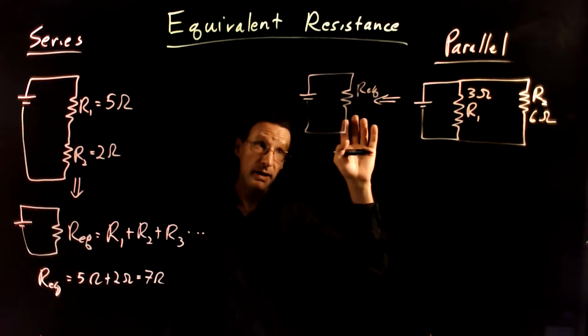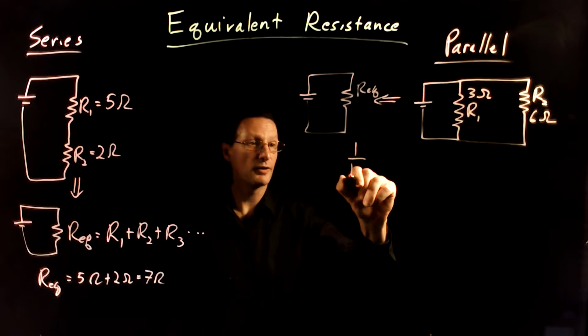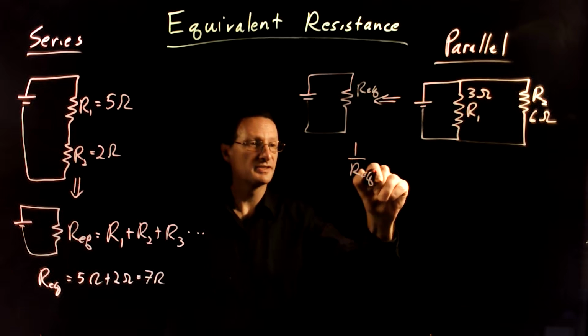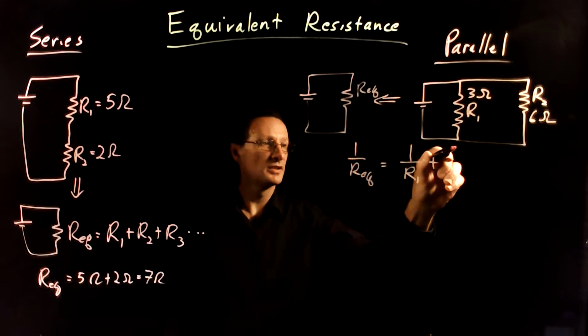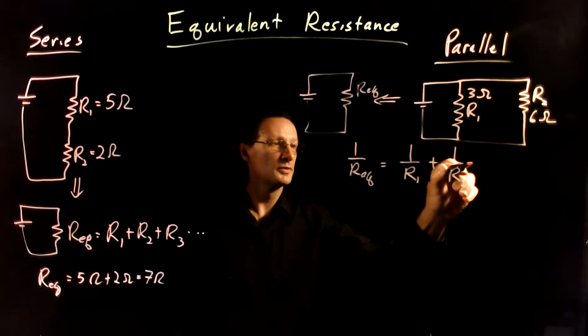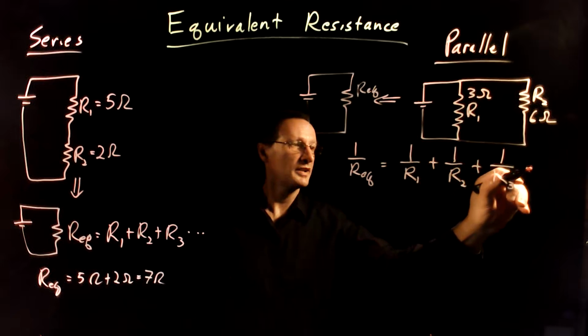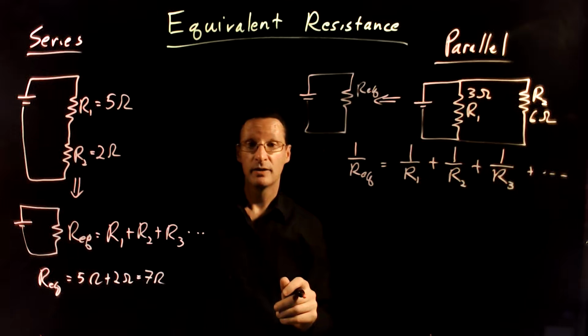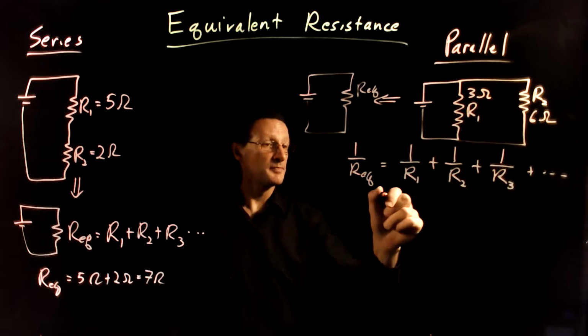In this case, the parallel case, it's a little more complex. The equation is 1 over R equivalent is 1 over R1 plus 1 over R2 plus 1 over R3, and so on and so forth. So you have to use your fractions here. In this particular case, let's compute it.